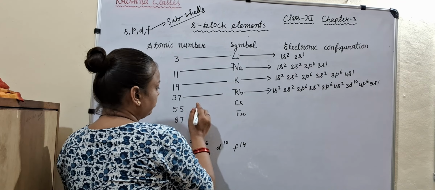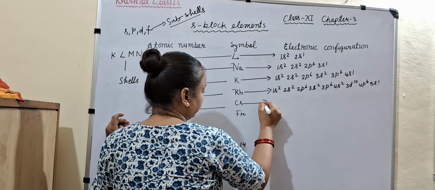Now come on cesium. Atomic number is 55.